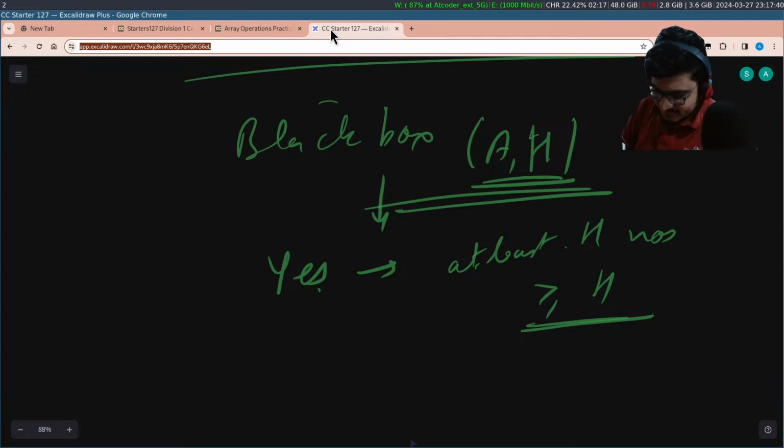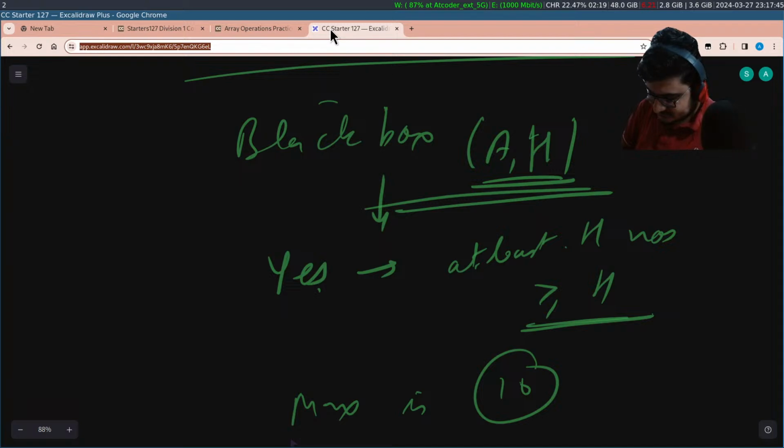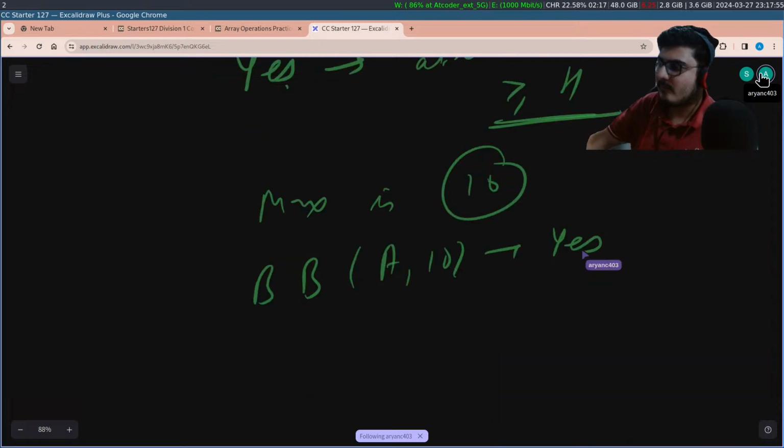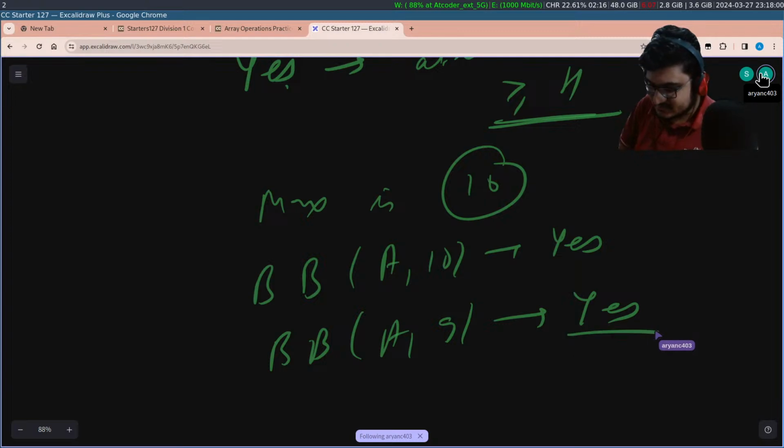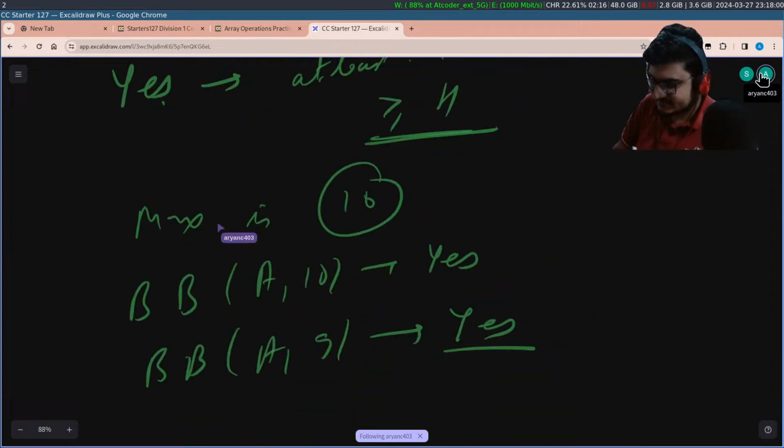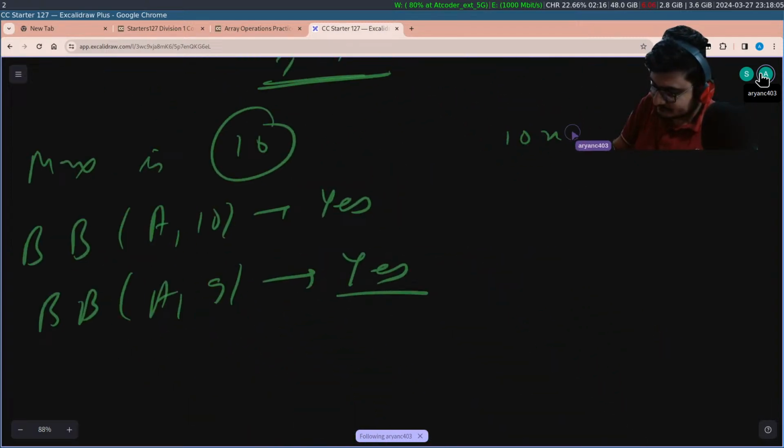Then if let's say our final maximum h index is 10, then black box(A, 10) will return yes. Black box(A, 9) will also return yes, because after doing some operations, if you can make 10 numbers greater than or equal to 10, then these 10 numbers are also greater than or equal to 9.